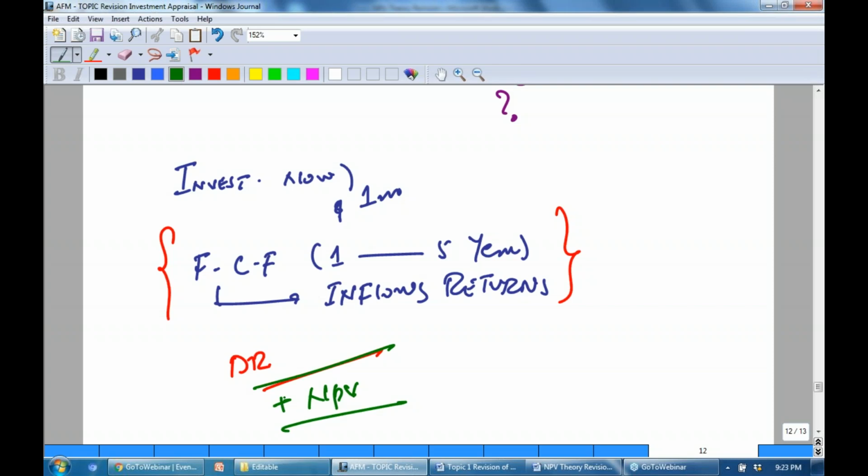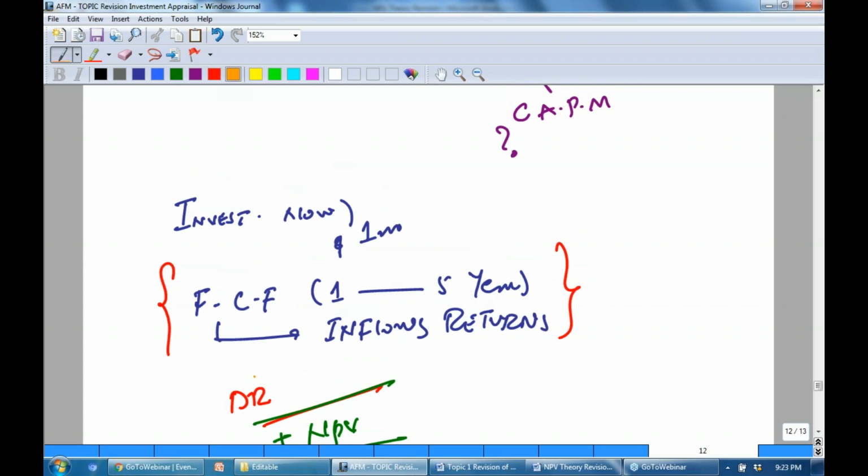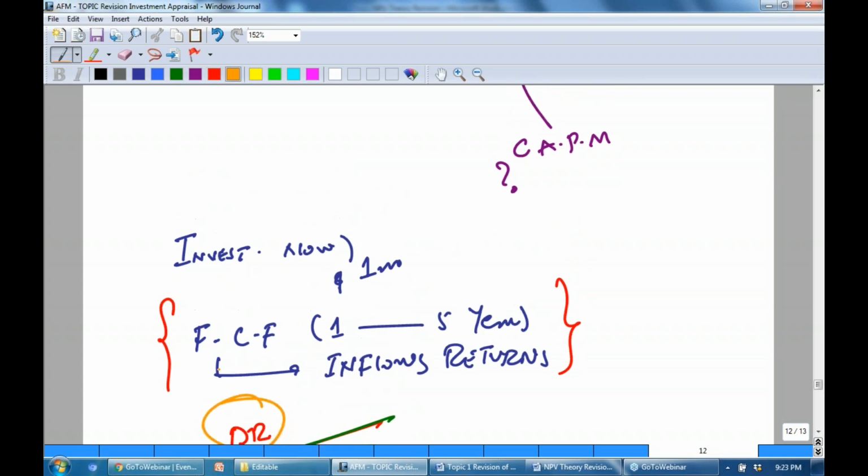Let's suppose the NPV is positive. And you, the investor, ask me how I calculated this discount rate. For example, this is 10%. You would ask me how I calculated this 10% for the investor required return.